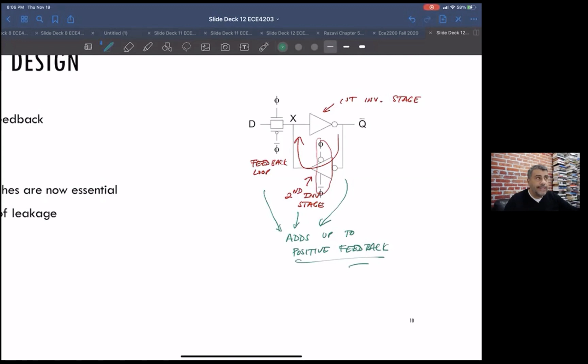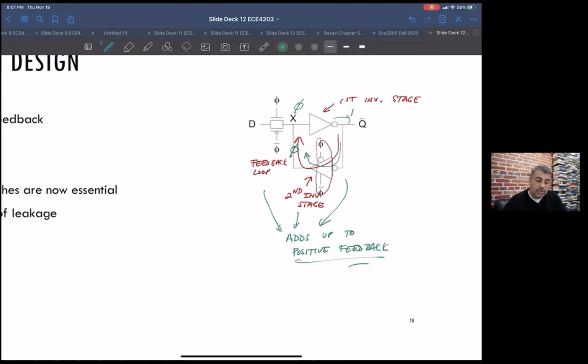If you were trying to design an amplifier and you ended up with positive feedback, you would be screwed. And it's something that happens, unfortunately, if you're not careful. But anyway, positive feedback is usually considered bad, except in things like latches, because what it's doing now is, let's say you started with a value of 0 here, you ended up with a 1 here. And this inverter, because of that 1 on the input, is reinforcing the 0, which again reinforces this 1. So this thing basically locks up once it latches.